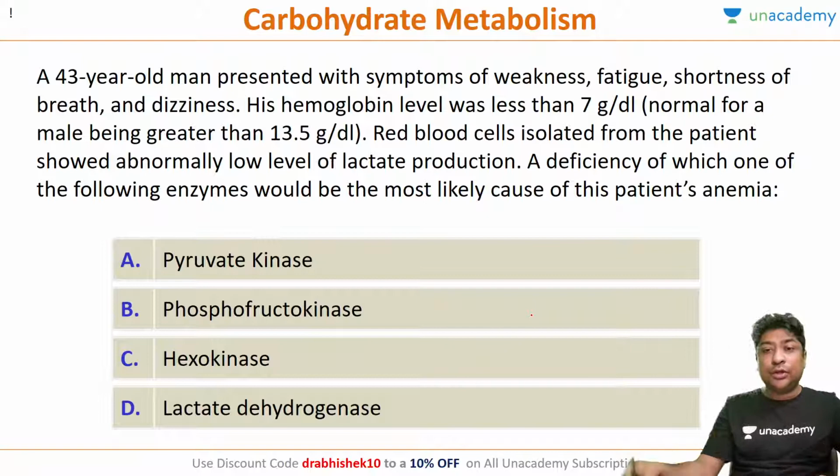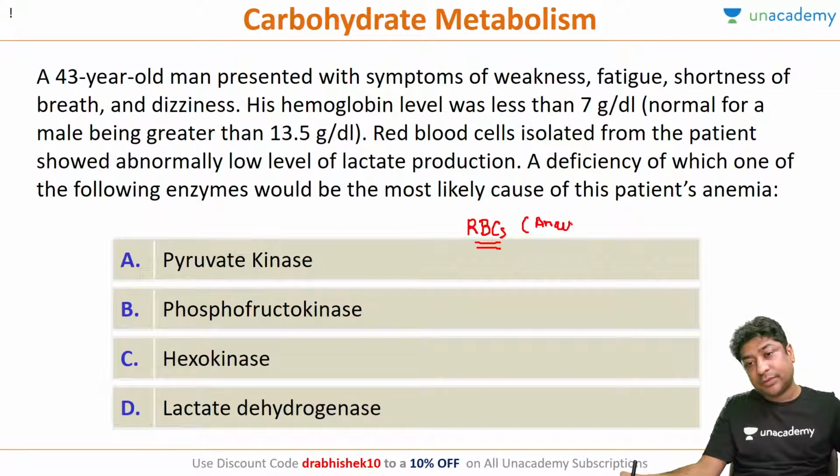So here, the first important concept is that in RBCs, only anaerobic glycolysis happens. The significance of this is that in RBCs, glucose is converted into lactate.